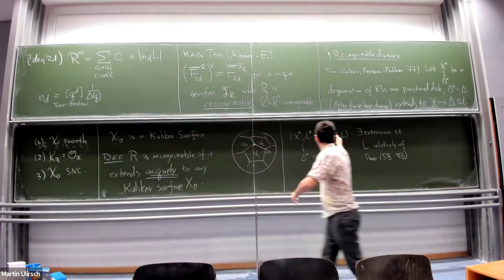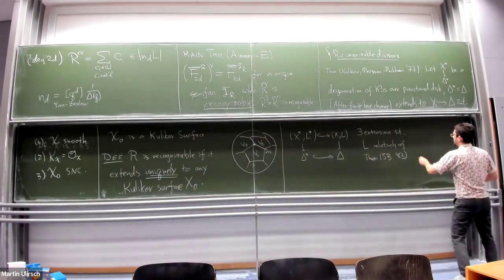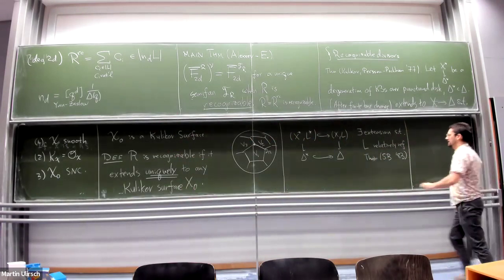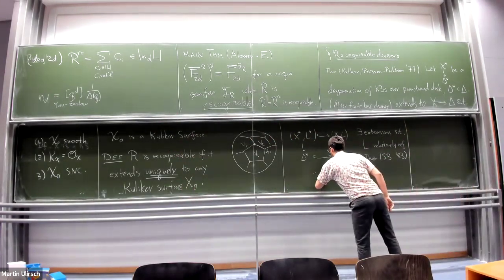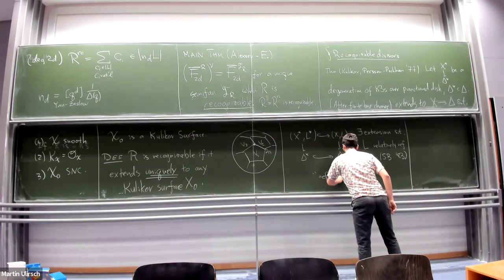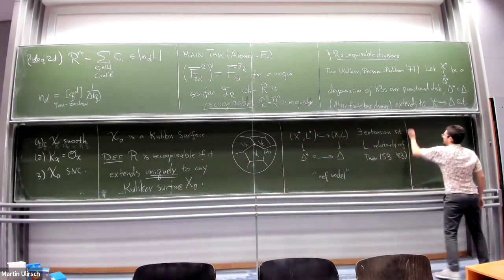Now in our setting, we've chosen our universal choice of divisor. So we also want some version of the Kulikov theorem where we have a divisor. Let me call this a nef model.